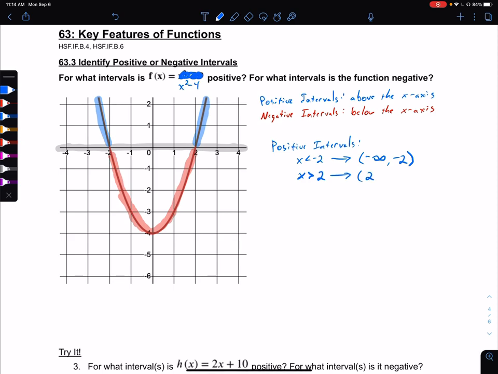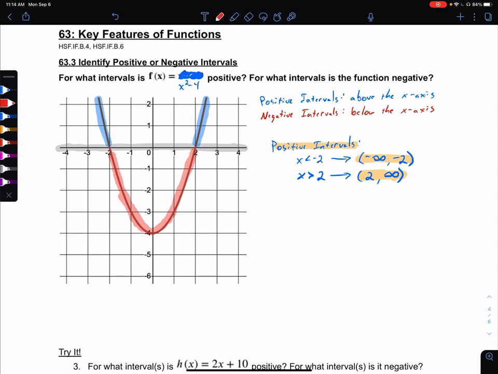Again, right at 2 is the x-axis, so we don't want to include 2, we just want to use it as a boundary, and that's going to increase forever to positive infinity, and infinity symbols will always have parentheses. So the positive intervals would be negative infinity to negative 2, and 2 to infinity.